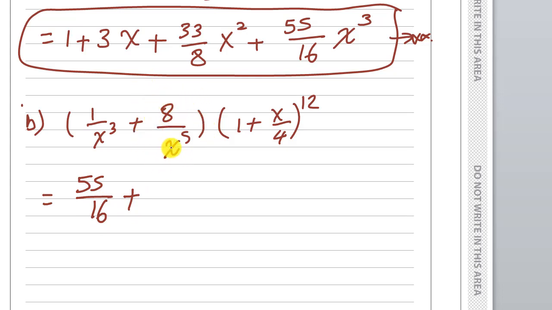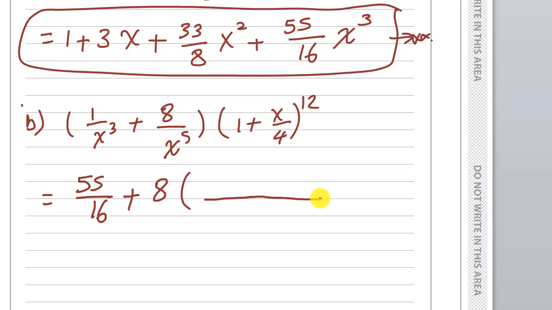Now this part I need to multiply by x power 5. So the second term, which has x power 5, will give us x power 0, which is 1. So let us now find this term, 8.